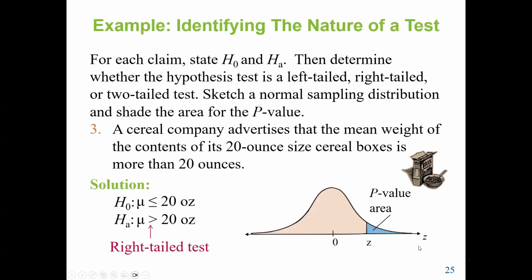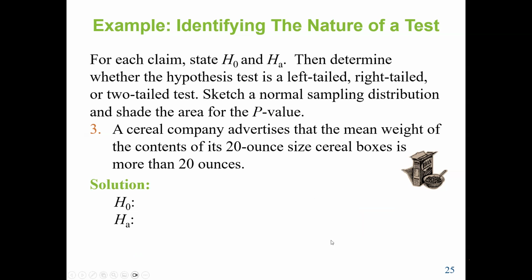And also here we can see that, based on this, mu is less than or equal to 20 ounces. So if you fall in the blue here, we are going to reject H0. If you fall in the brown area, we fail to reject H0. And same for the previous one too.